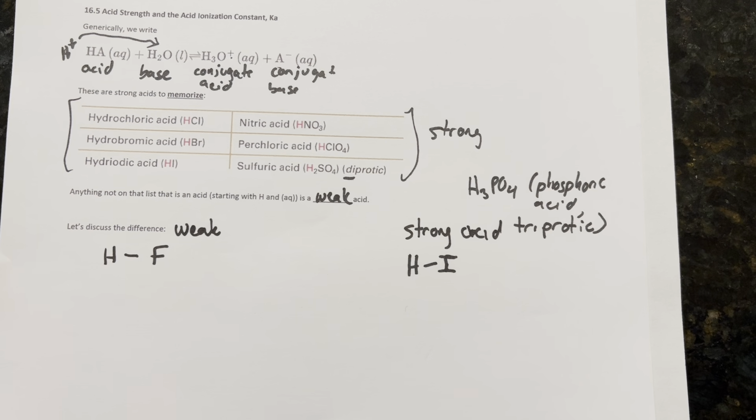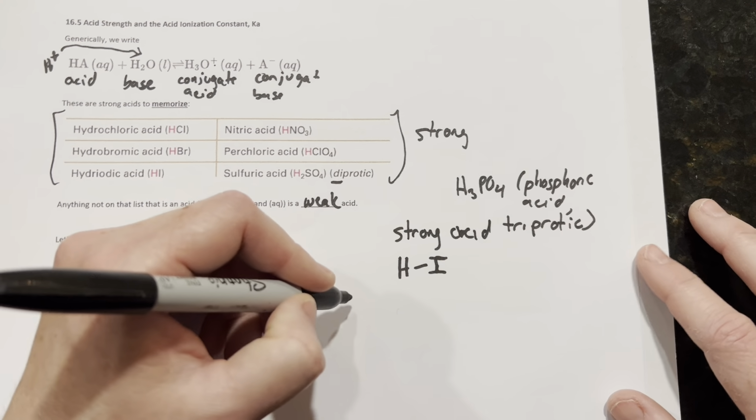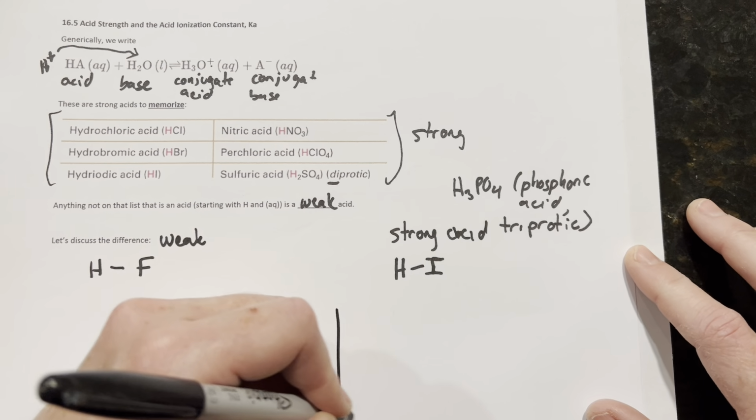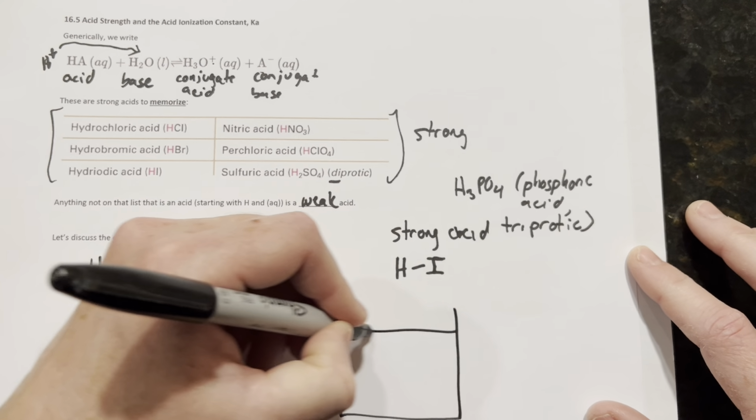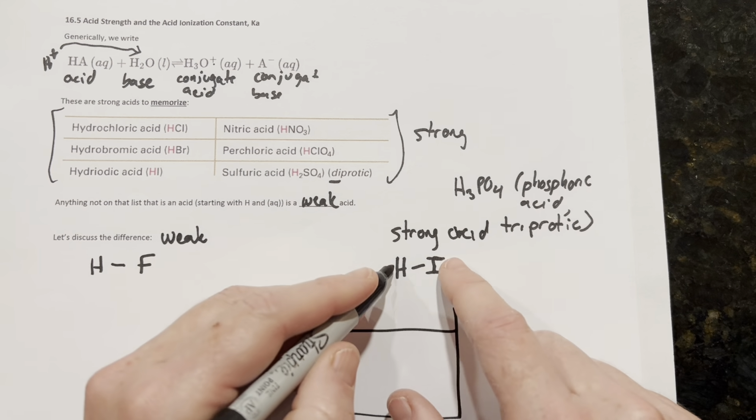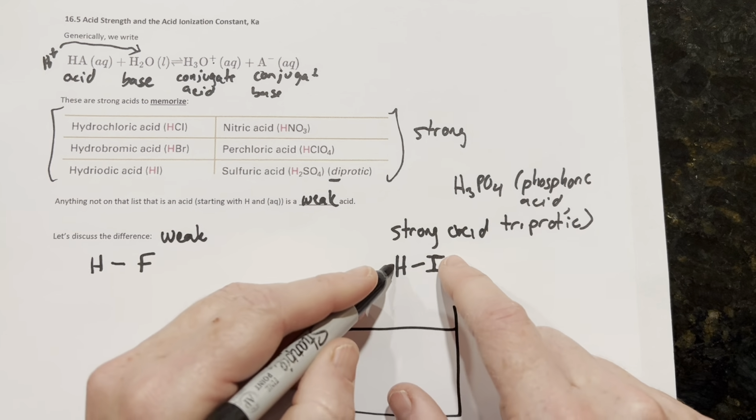All right, so if I were to take some HI, some hydroiodic acid, and throw it in water, it's going to break apart into H plus and I minus ions. It's going to do what we call fully ionize. It's going to fully break apart.